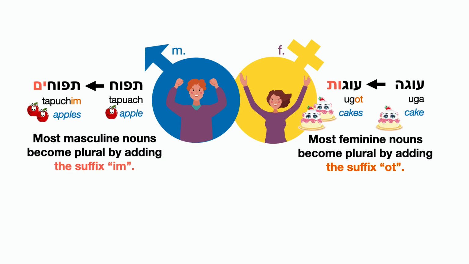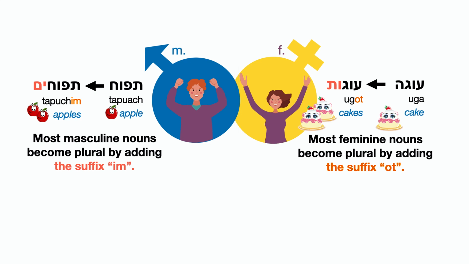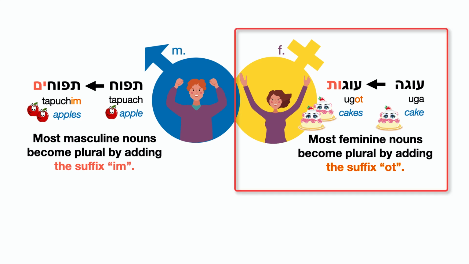As a general rule, most masculine nouns become plural by adding the suffix im. In this example, we have the masculine noun apple, tapuach, and we add the suffix im to make it plural. Tapuchim means apples. And on the other side, we have an example of how most feminine nouns become plural by adding the suffix ot.